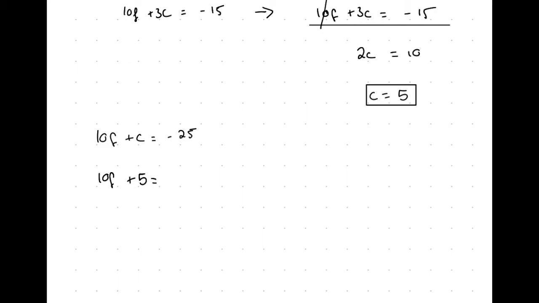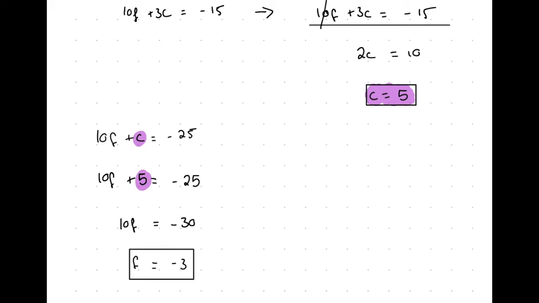So all I've done there is replace the letter c, which we know is 5, into the equation that we had. So that gives us 10f plus 5 is equal to minus 25. Subtract 5 from both sides and I get 10f is equal to minus 30. So that means that f must be equal to minus 3. And there is the second thing I was looking for. So 2 out of 3 things I've now found.